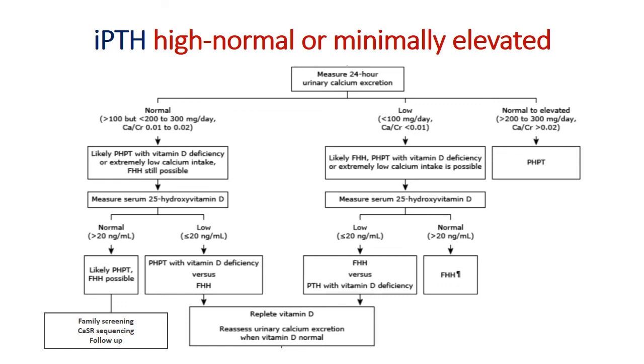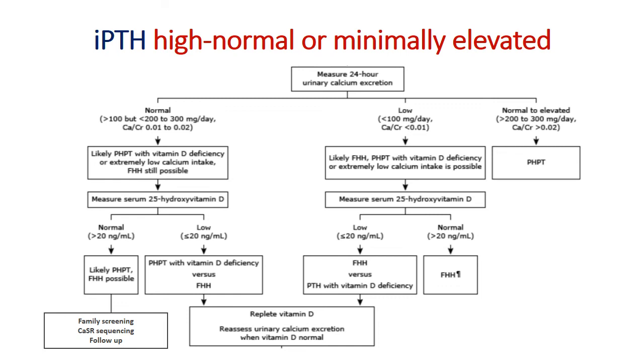If it is normal, you can say this is familial hypocalciuric hypercalcemia. If it is low, you replace vitamin D in that patient, reassess urinary calcium excretion, and then decide whether it was familial hypocalciuric hypercalcemia or PTH with vitamin D deficiency.